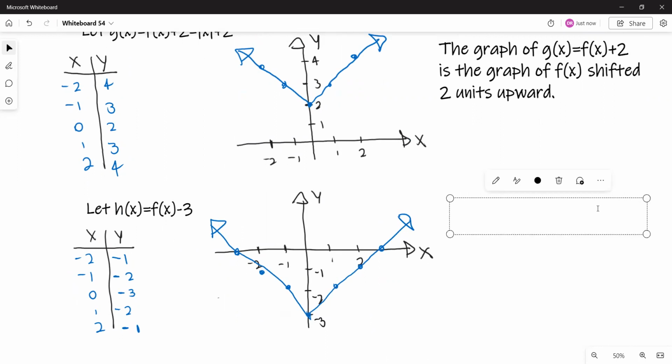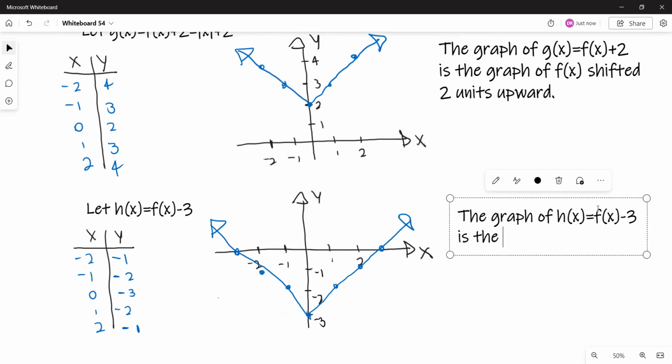So the graph of h of x, that's f of x minus 3, is the graph of f of x shifted 3 units downward.